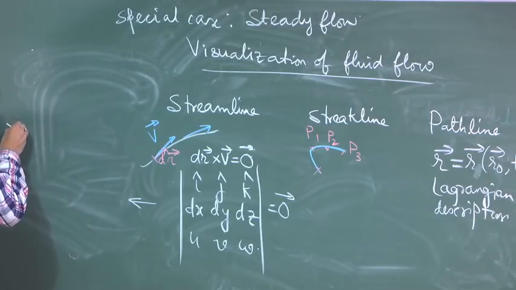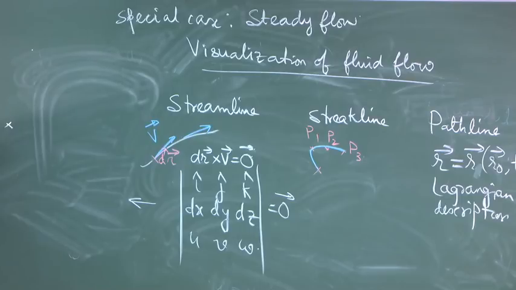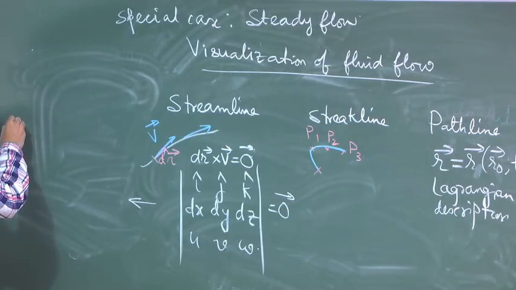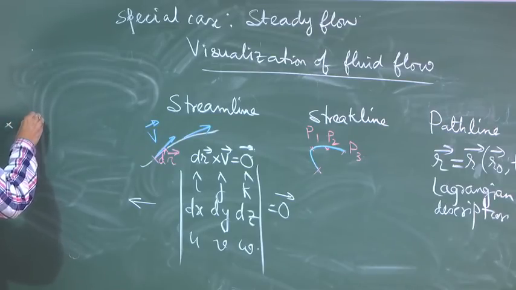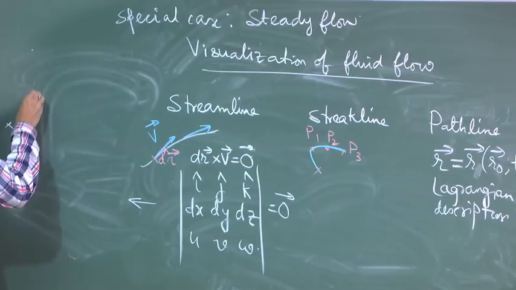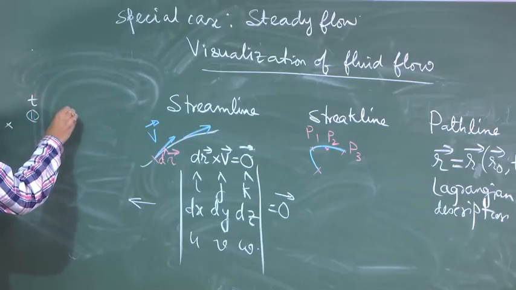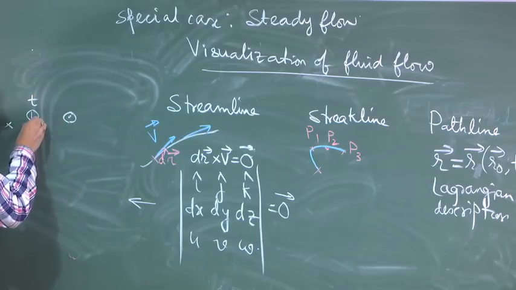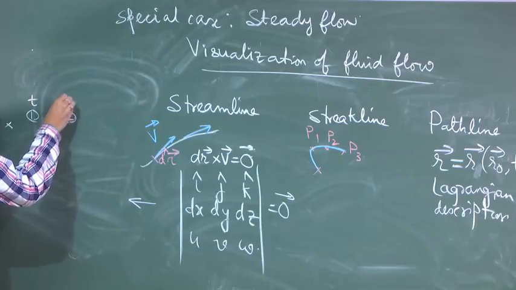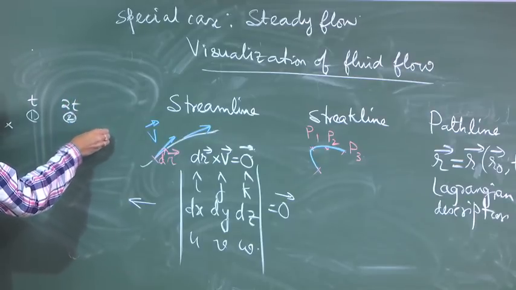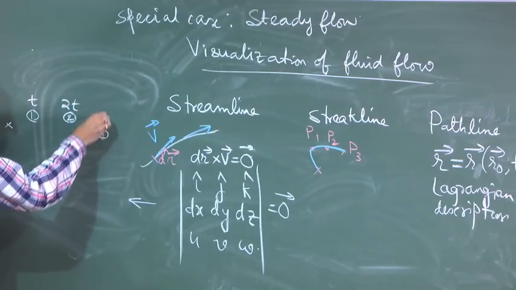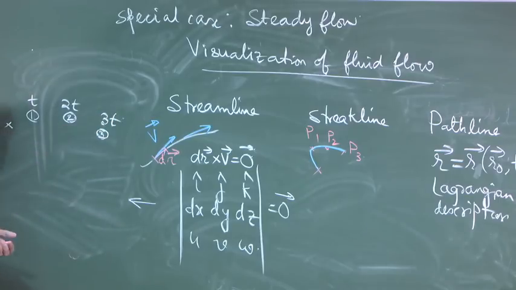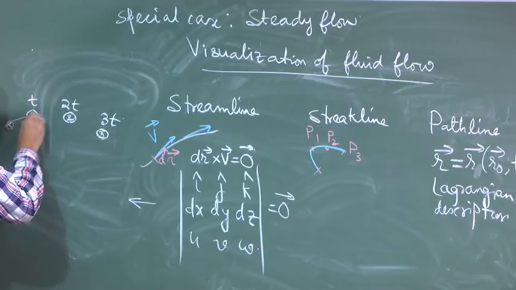Let us say that there is a particle which in a steady flow moves to point number 1 at time t, moves to point number 2 in time 2t, and moves to point number 3 in time 3t. So, what is the path line? Path line is simply this locus of the particle.